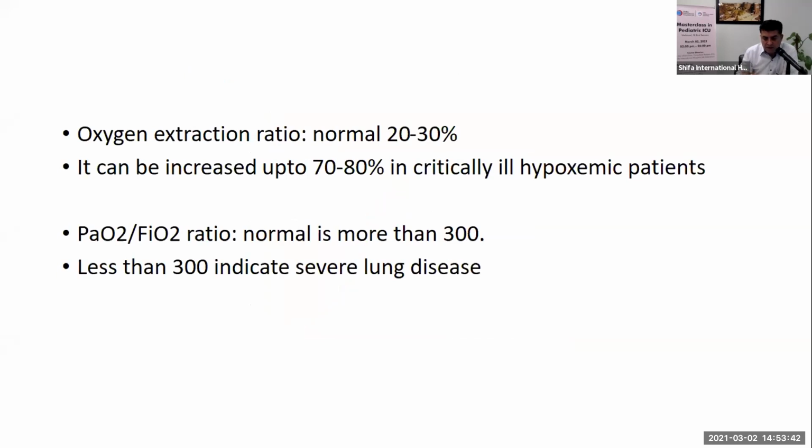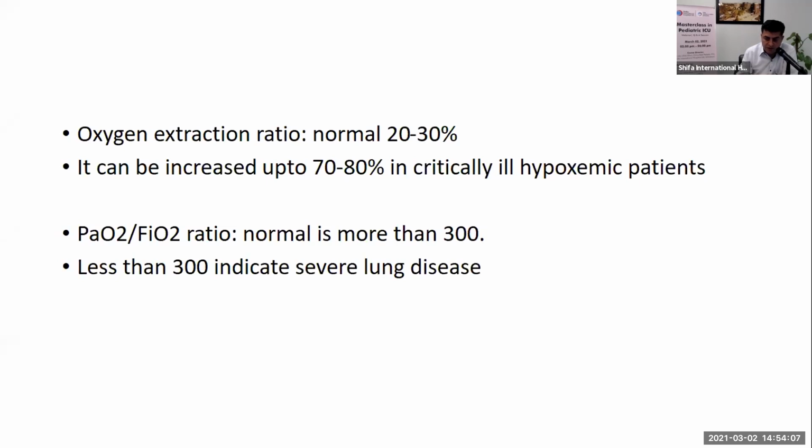But if there is a critically ill patient who is in shock, this extraction ratio can increase up to 70 to 80%. That would mean that if the arterial saturation is 95%, the venous saturation can come down even to 20 or 30%.